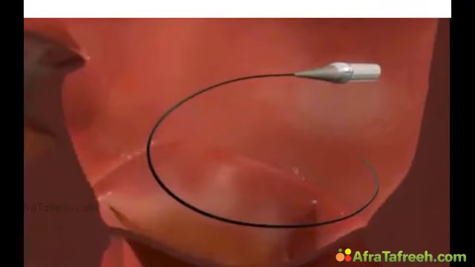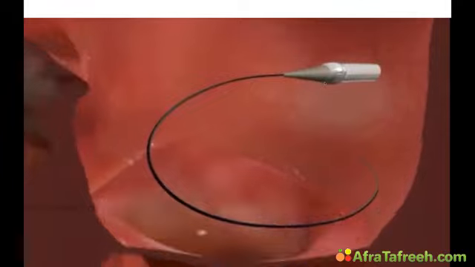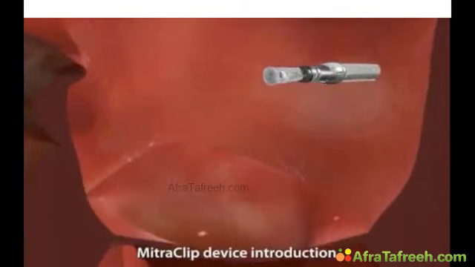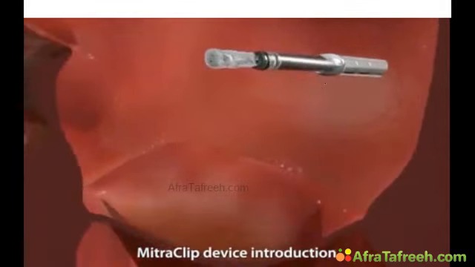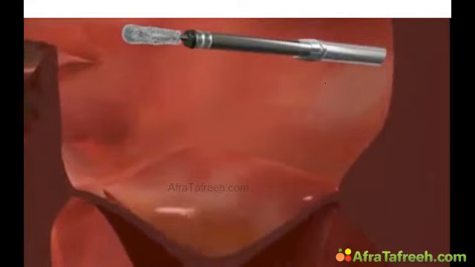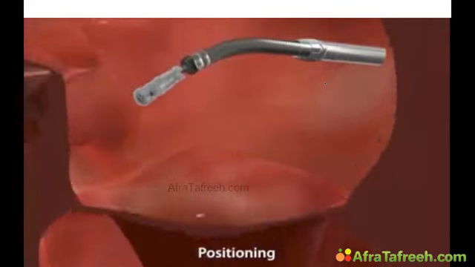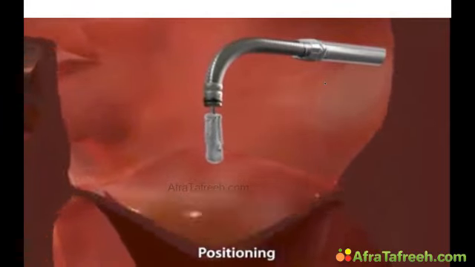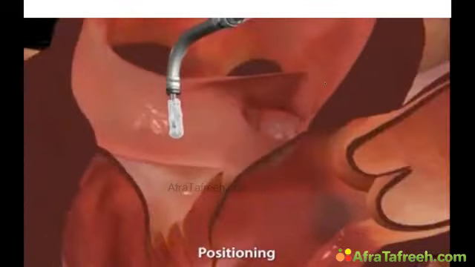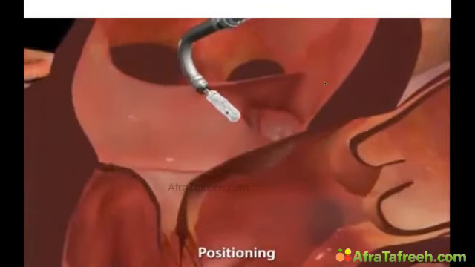Then you have this wire that you advance, and over this wire you introduce the device, the MitraClip device. You see on the tip of the device the clip, and then you can flex this clip downwards. It's a pretty neat steering thing that you do from the outside. Very complex. Remember, you have to do that with the help of TEE. You cannot do it with catheter.